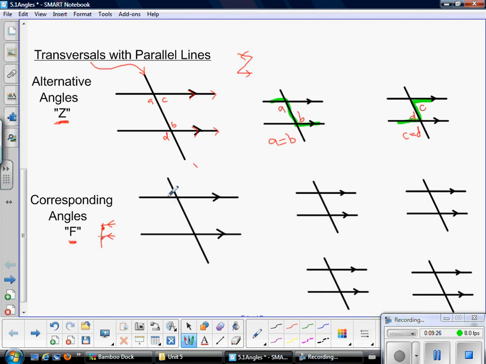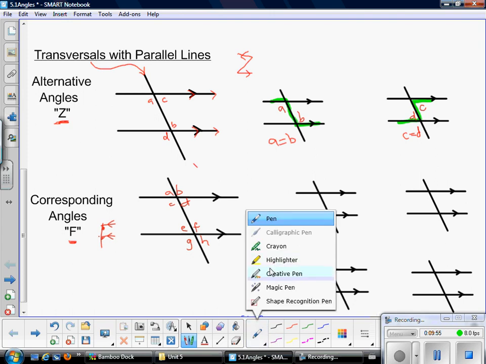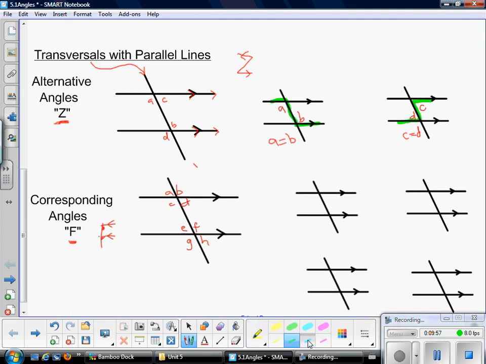So again, this time I'm going to label more of the angles: A, B, and we'll do C, D, E, F, G, and H. So you can see that when I have two parallel lines and a transversal, it actually creates quite a few different angles. So now I'm looking for F patterns, and I'm going to go to my highlighter and we'll do blue this time.